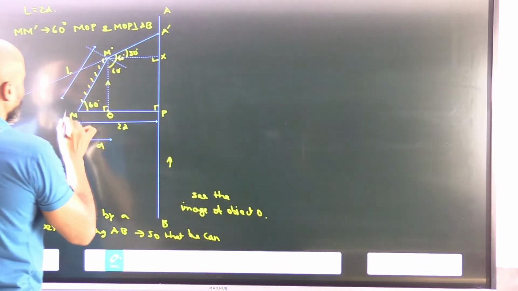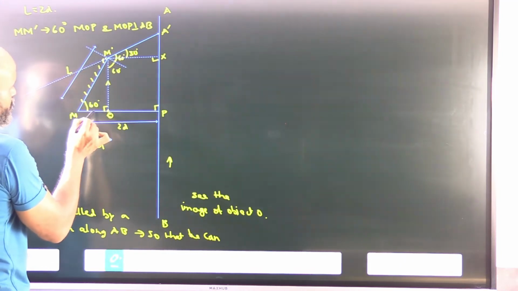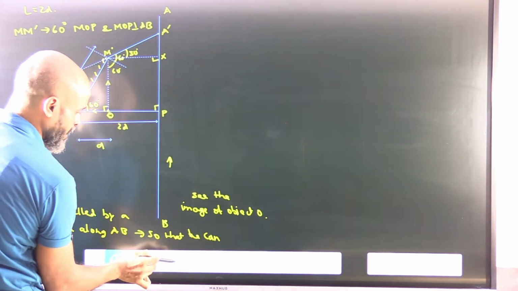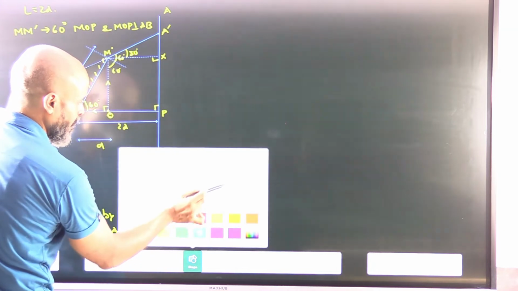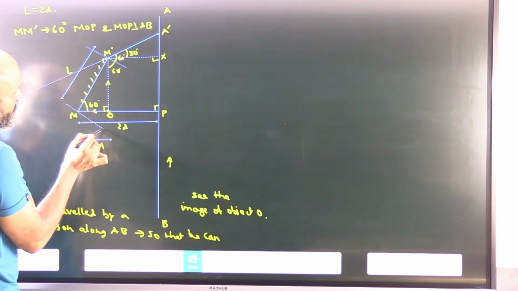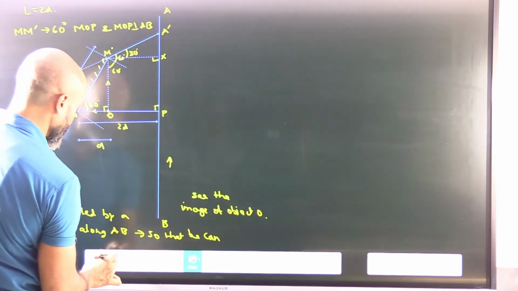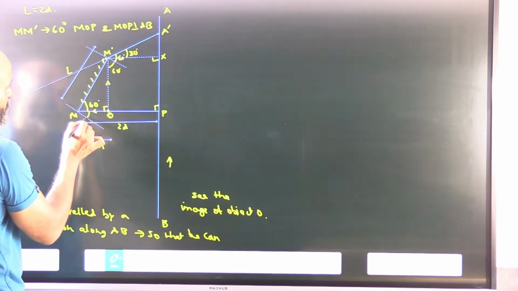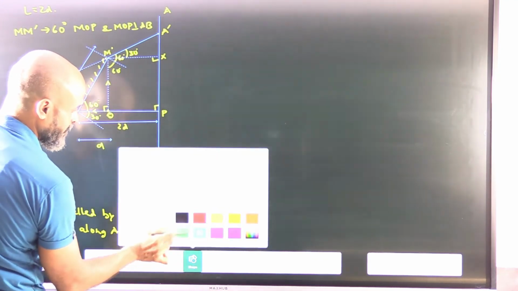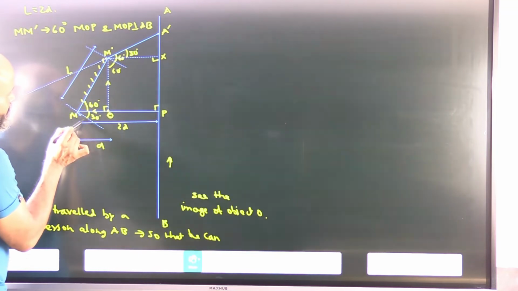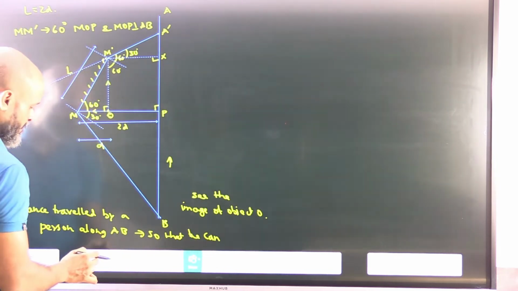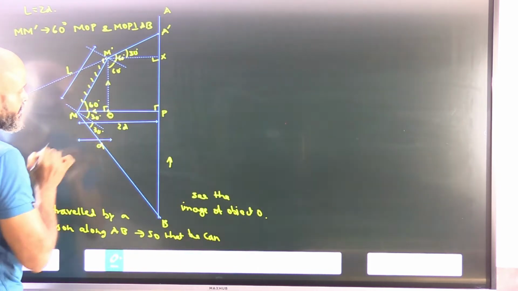Okay, now we'll come to this one. Let's say this is the incident ray which is falling here. If I draw another perpendicular on this surface, it will be making an angle of 30 degrees, and simultaneously there will be another reflected ray, which will also be making an angle of 30 degrees with the normal.